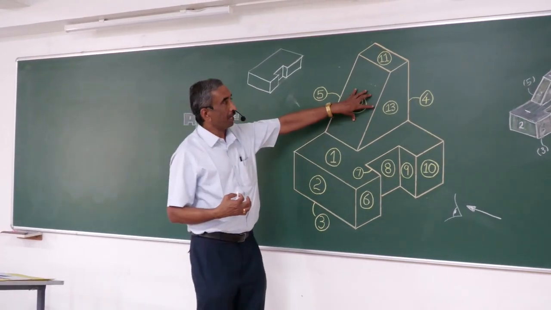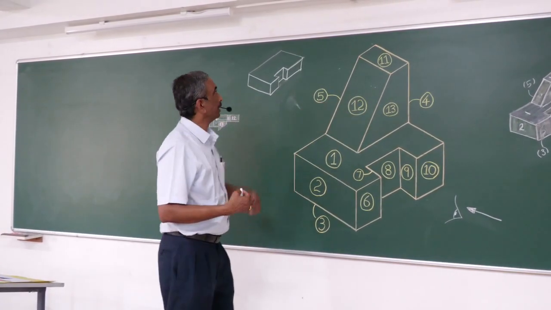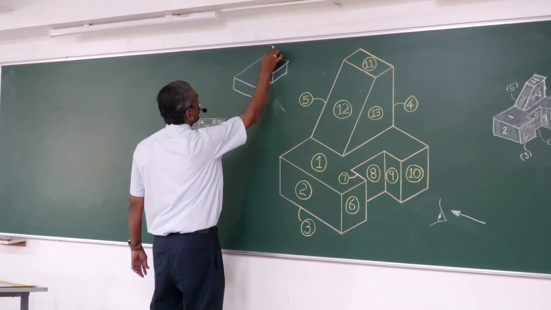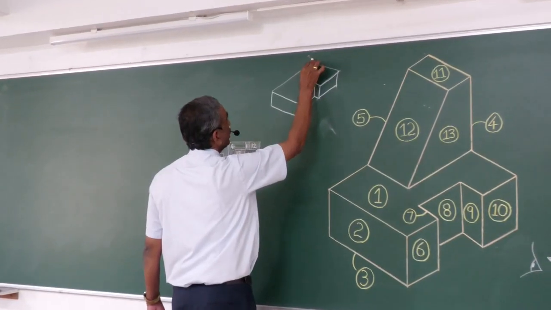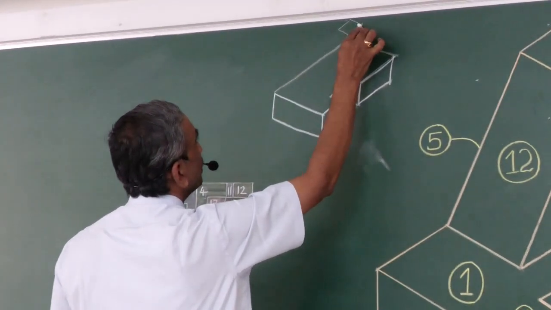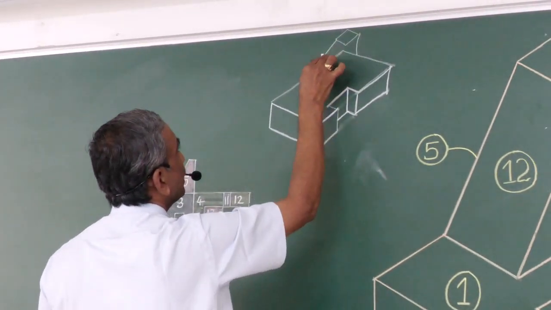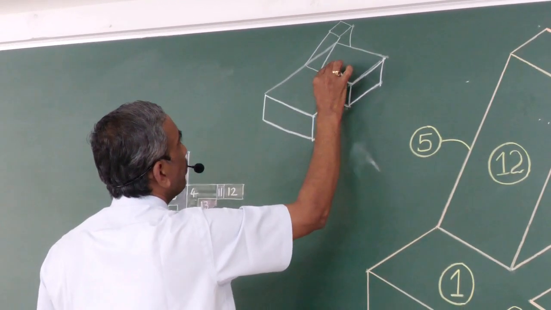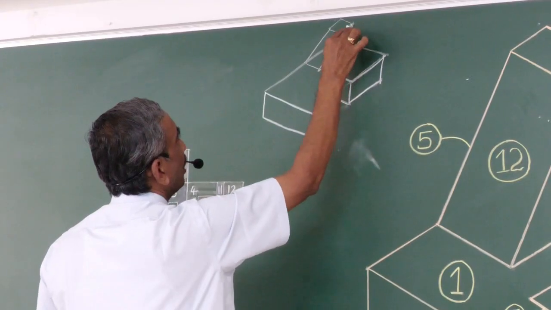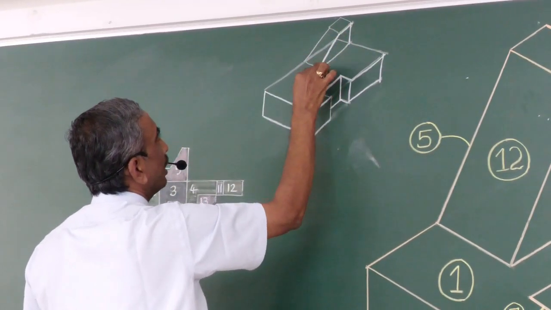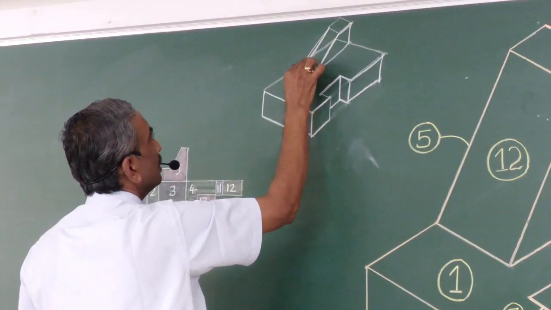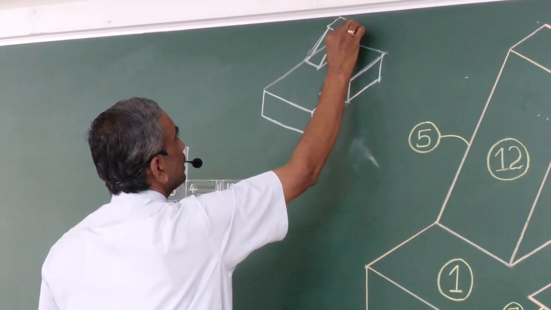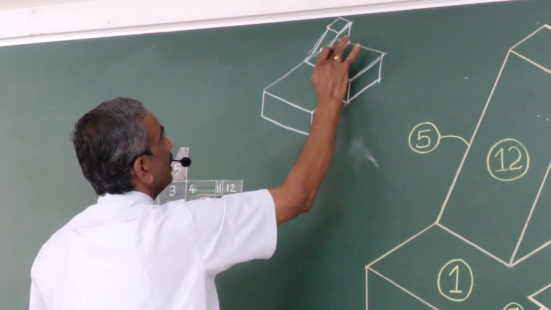And I have one more part which is at the top. Let me draw the top part also. I have a constraint in my board. Doesn't matter. This is my top part of the model. So roughly you can draw this model.